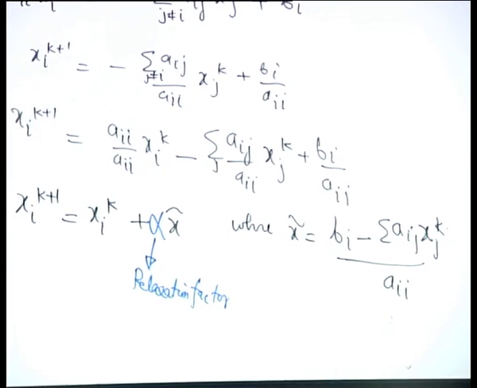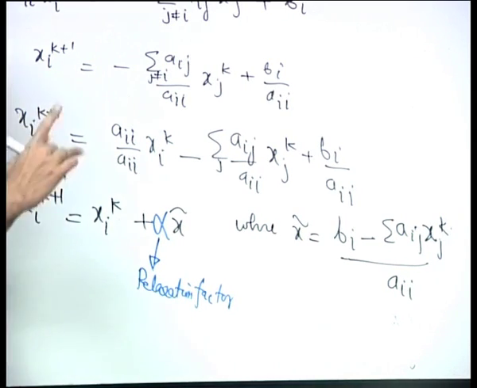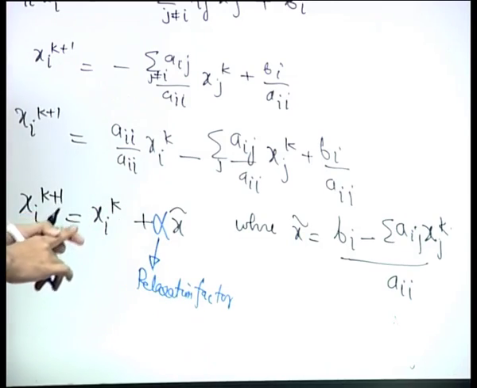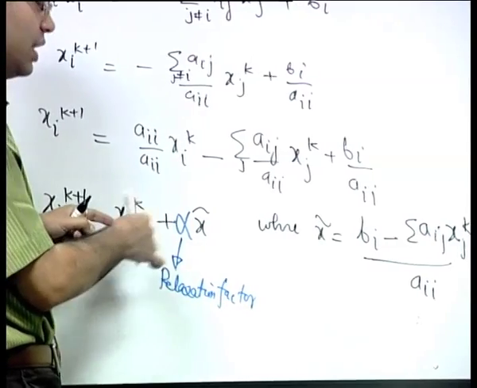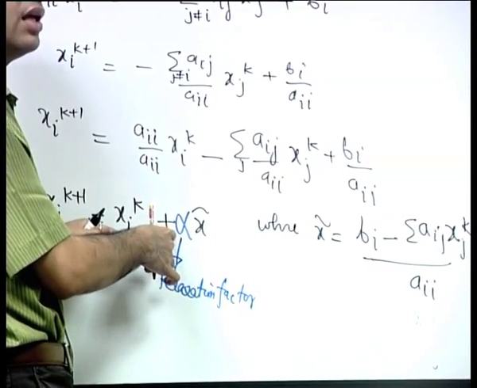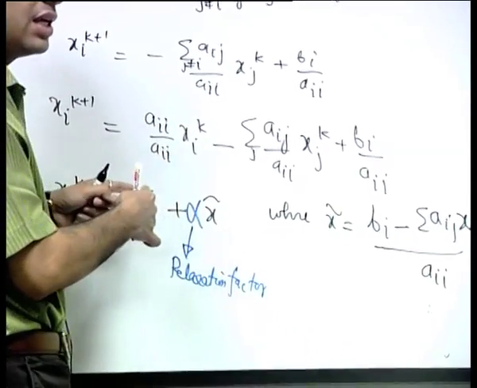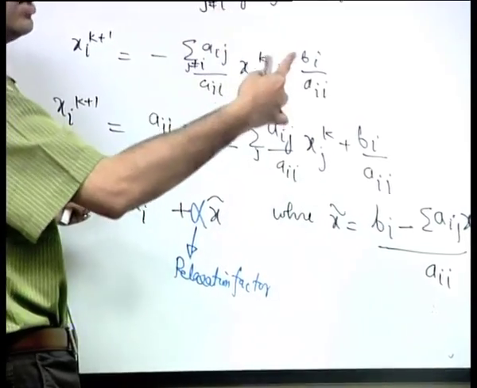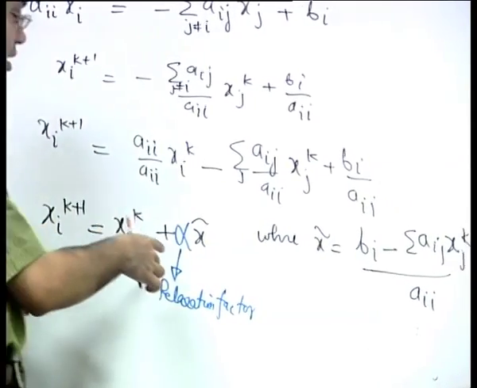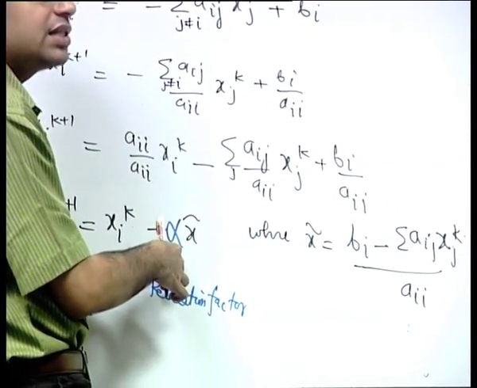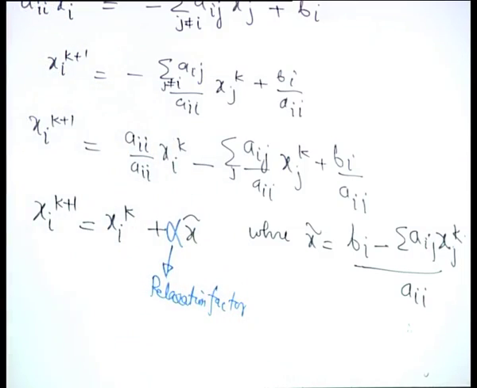Because you expect something very intuitive: if convergence occurs then xi k plus 1 will be equal to xi k, and then the choice of this alpha is irrelevant. So, what it basically does is take you to the same convergence but through a different route of iterations, and the route of iterations is decided by this relaxation factor. So, this is called the relaxation method.